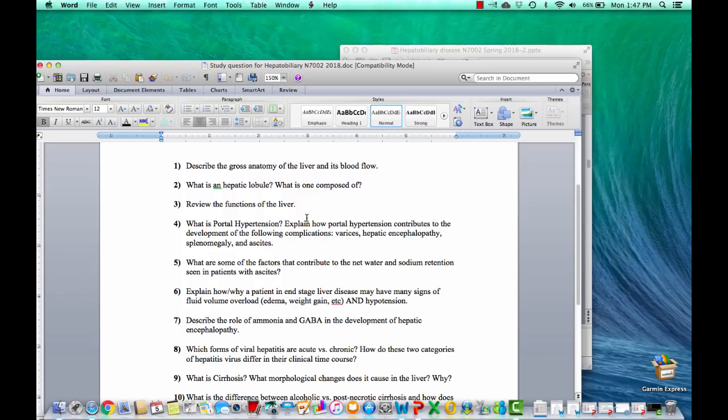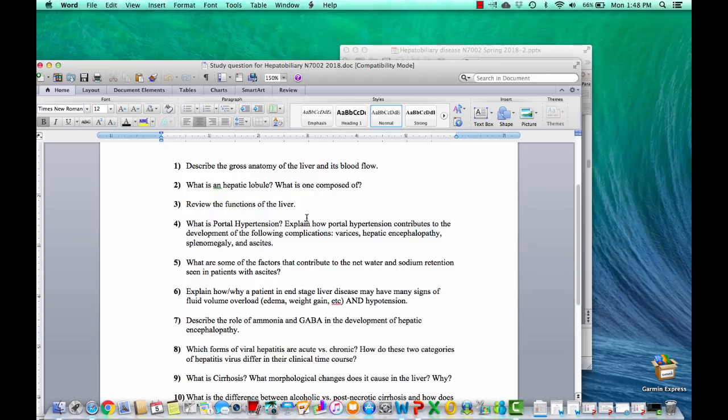So we look at a patient to assess them for fluid volume overload. We look at things like whether there's pitting edema, right? We look at things like daily weights and a precipitous rise in weight, okay? But in a liver patient, all of those signs of fluid volume overload are not going to be accompanied by things like bounding pulses or bulging neck veins, right?